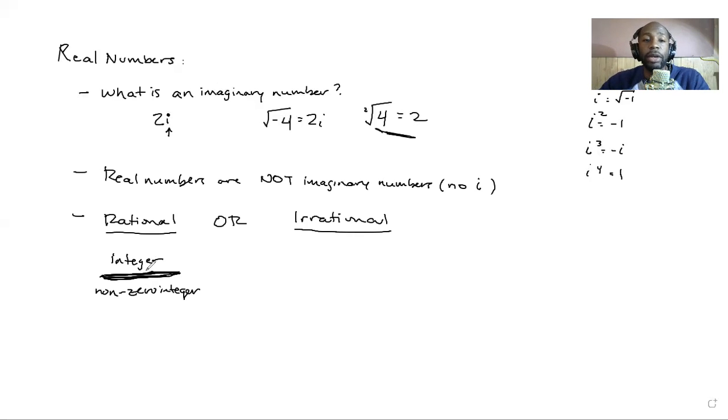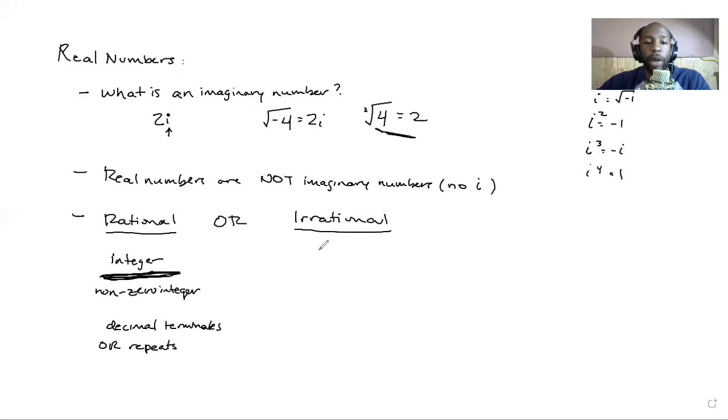Now, the other thing with a rational number is that the decimal representation terminates or repeats. Okay, and I promise we're going to define this a little better in a bit.